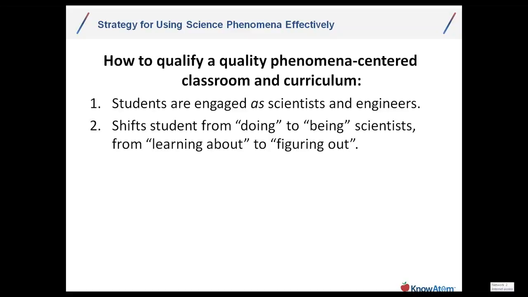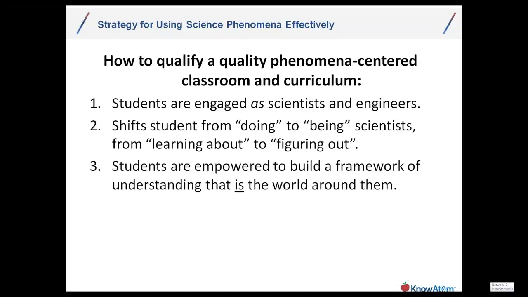But in fact, students need to be engaged as scientists or as engineers. And that shift can also be thought about as a shift from learning about something to actually figuring out aspects of a context. And that context, again, is a phenomenon.